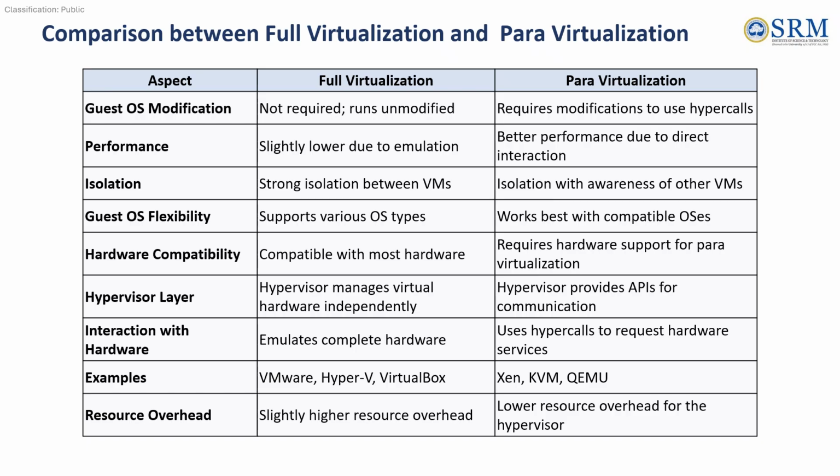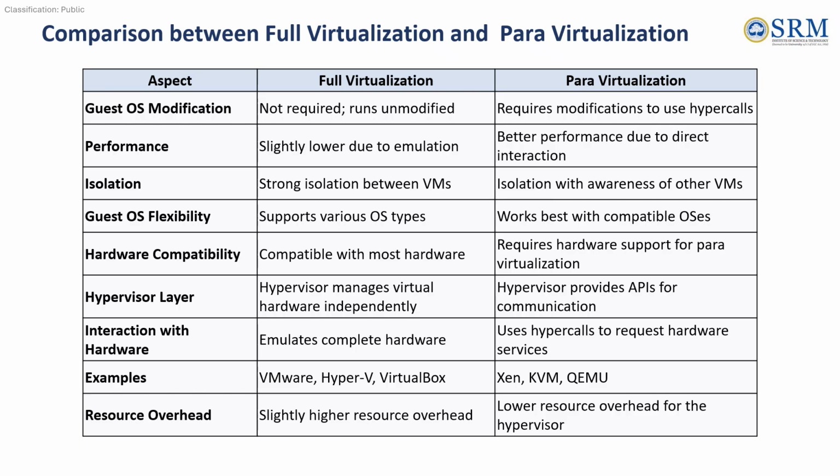Full virtualization provides stronger isolation because each virtual machine behaves completely independently. In para-virtualization, the guest OS is aware of the virtualized environment. Full virtualization supports a wide variety of operating systems, while para-virtualization works best with compatible or modified operating systems.